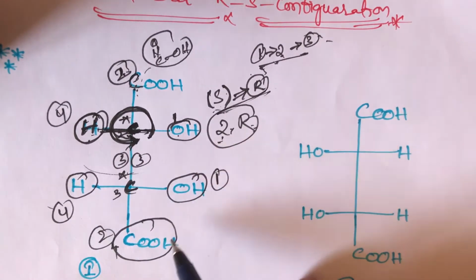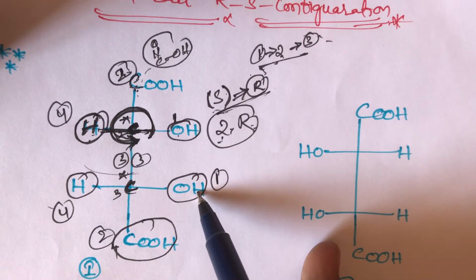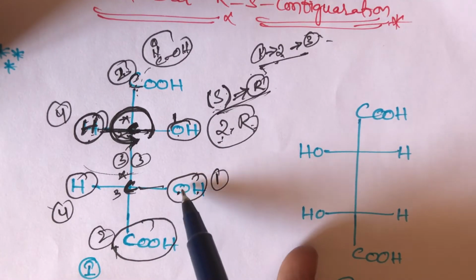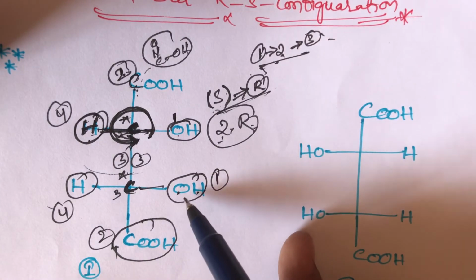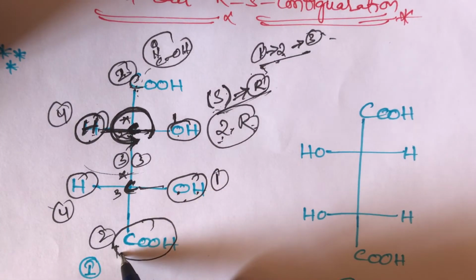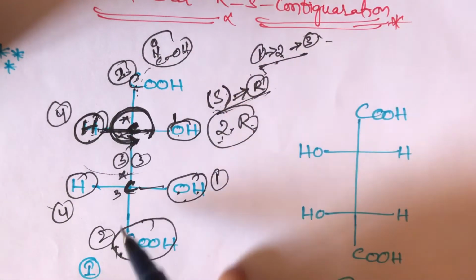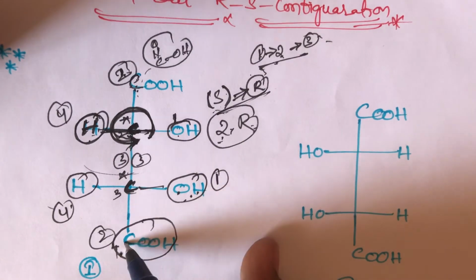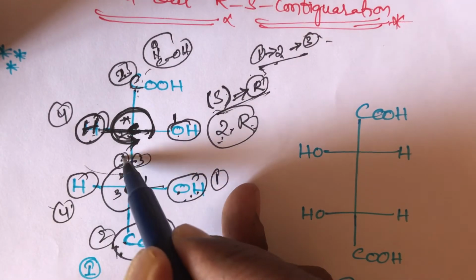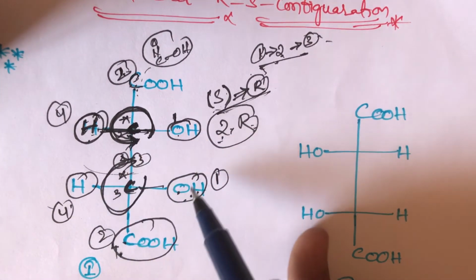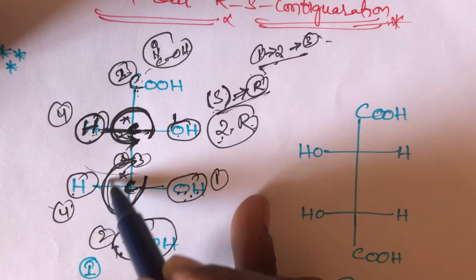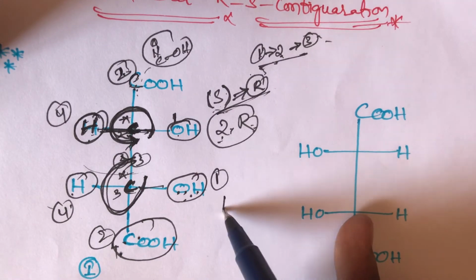The direction is 1, 2, 3, which is clockwise, meaning R configuration.